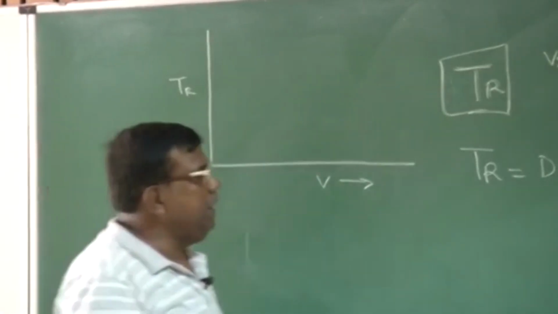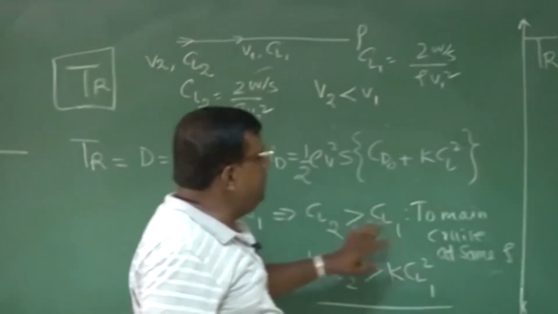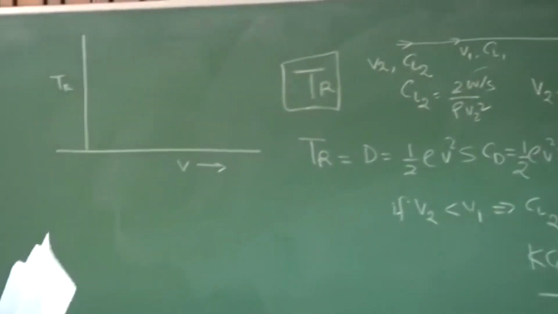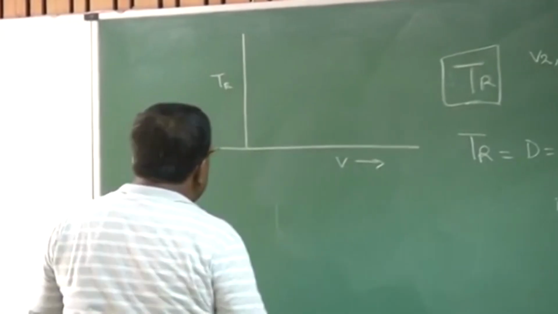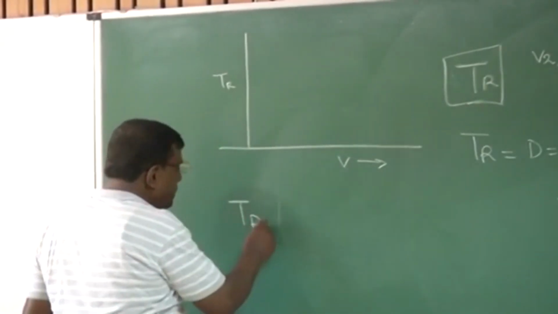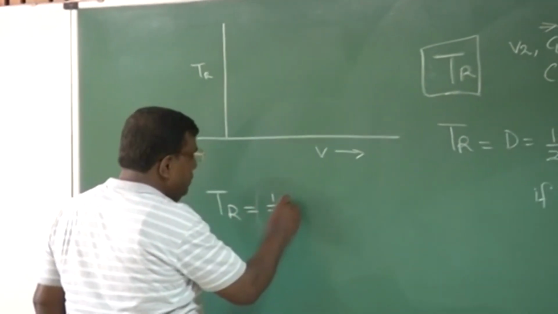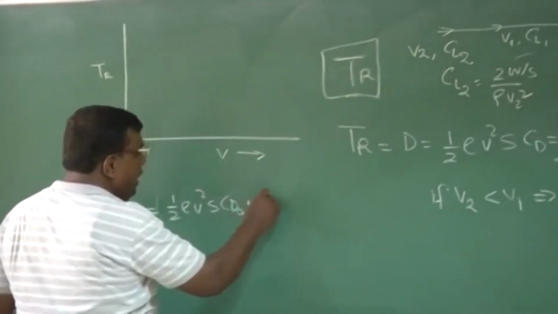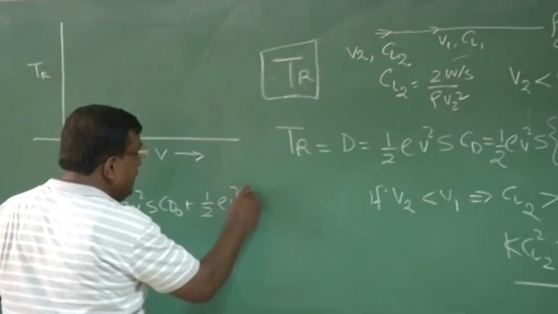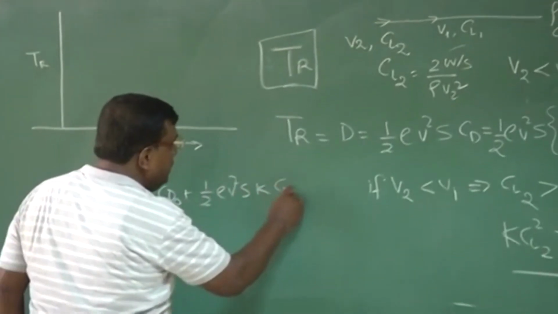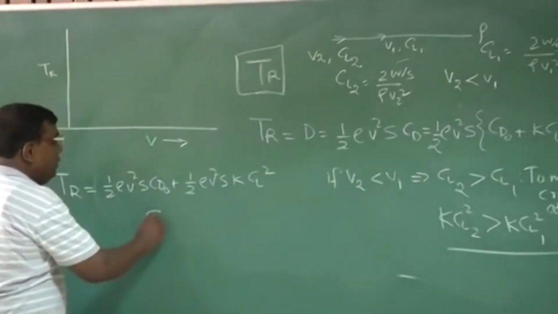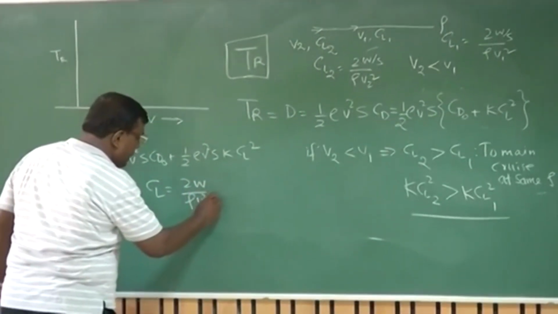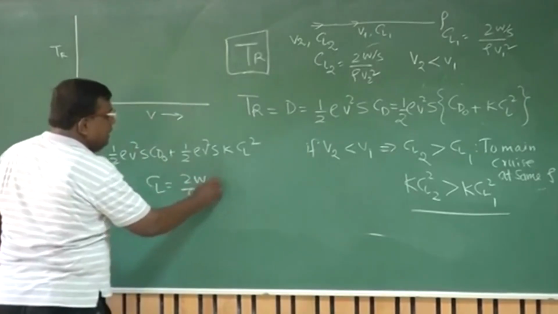By this understanding, I can get a feel of the variation, but if I want to write an explicit expression, then I will do one more step. Thrust is half rho V square S CD naught plus half rho V square S K into CL square, but we know CL is 2W by rho V square S. So I plug this here.